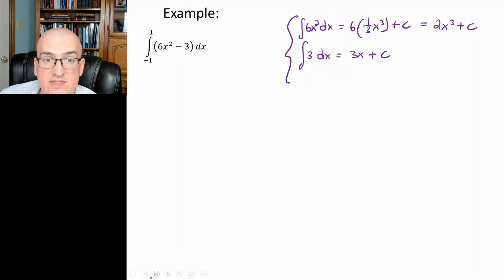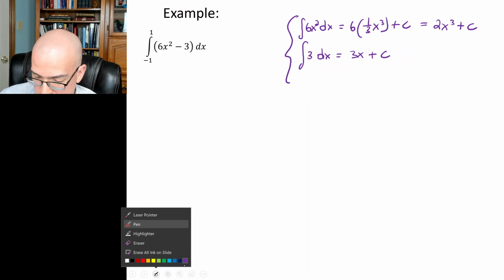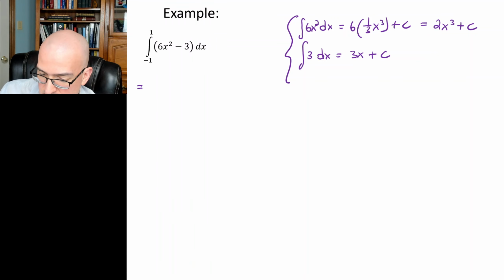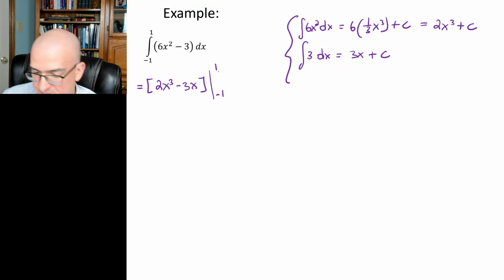And we can hide the plus c's. So we're going to have 2x cubed minus 3x, hide the plus c's, evaluated from -1 to 1.